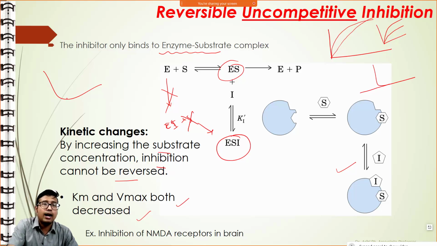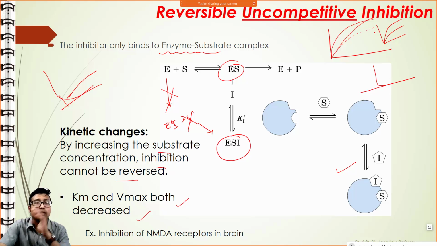Both will decrease. So it will start low, the slope will be low, and it will not reach at all. Compared to this, if you draw uncompetitive, it will start like this and ultimately it will stop here. So both the slope and the Vmax will be decreased, and the Km will also be decreased.